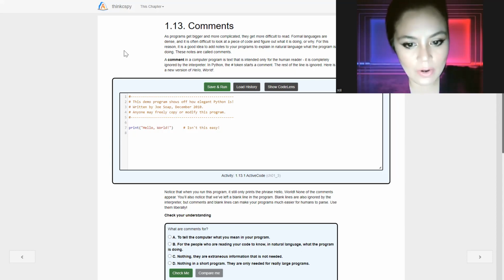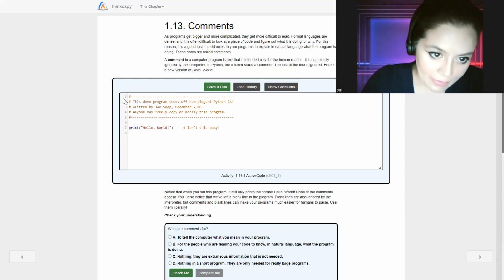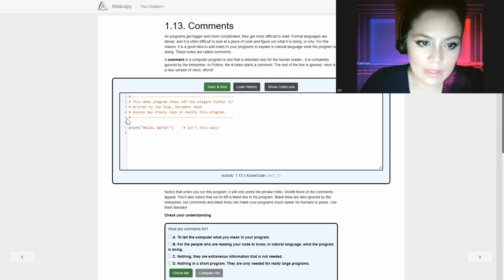So here in our active code window, we have a new version of Hello World. Here on lines 1 through 5, all of this text is preceded by a hashtag on each line. This demo program shows off how elegant Python is.